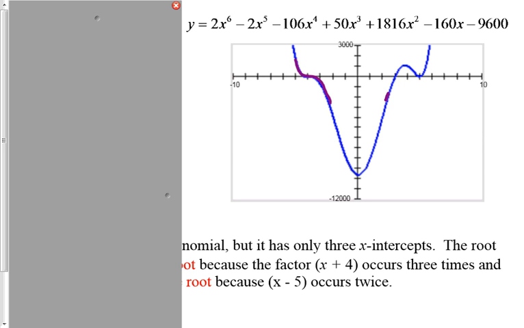I see one of my x-intercepts go straight through the x-axis, and my final x-intercept here just bounces off the x-axis. So I know here I have a triple root. Here I just have a single root, and here I have my double root.